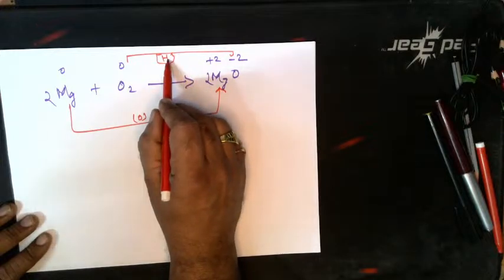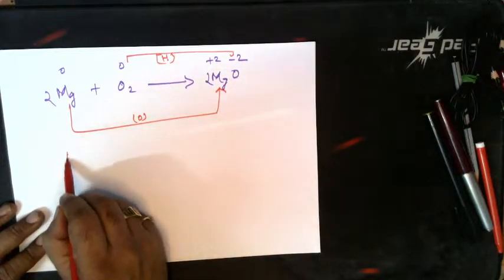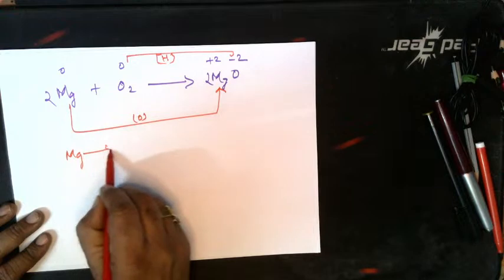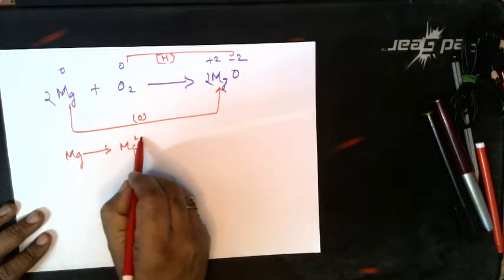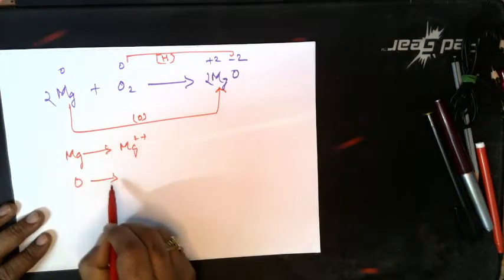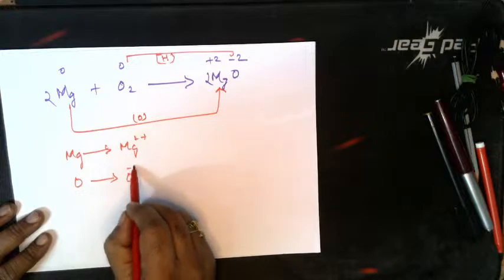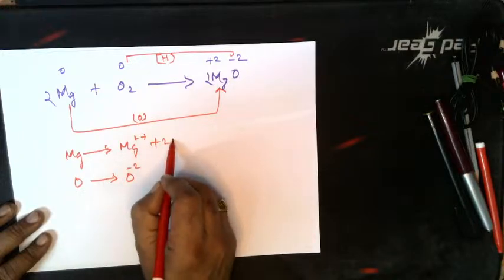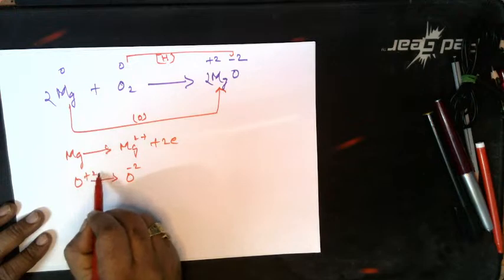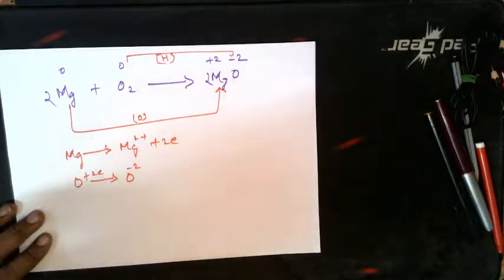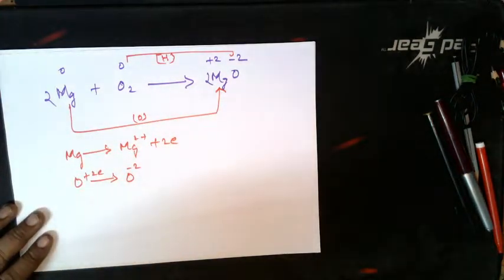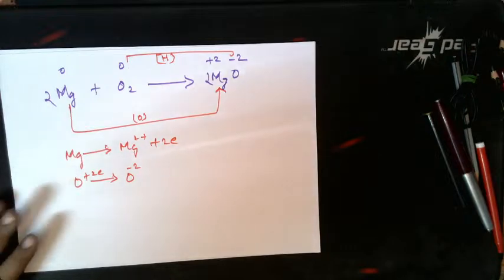Mg becomes Mg2 plus and O becomes O minus 2. In this case 2 electrons are lost, and in this case 2 electrons are gained for each atom of oxygen. Got this point?